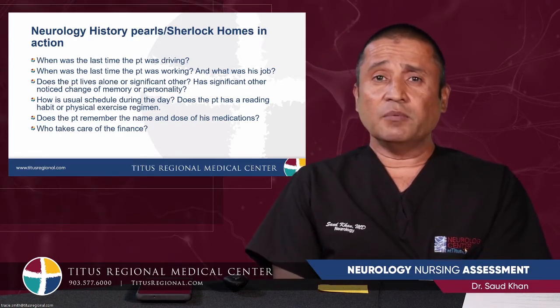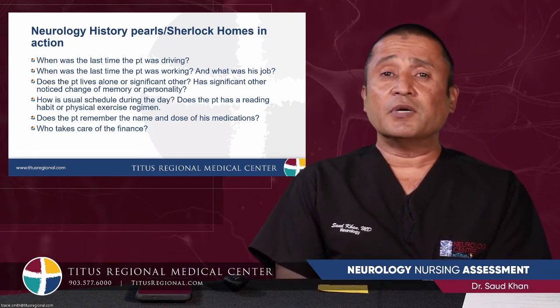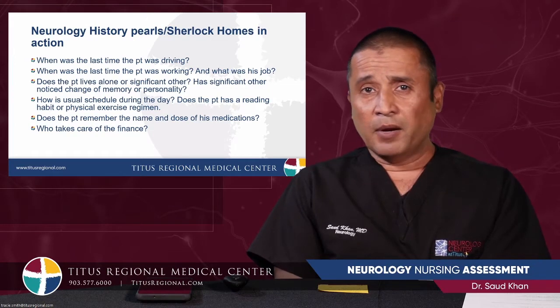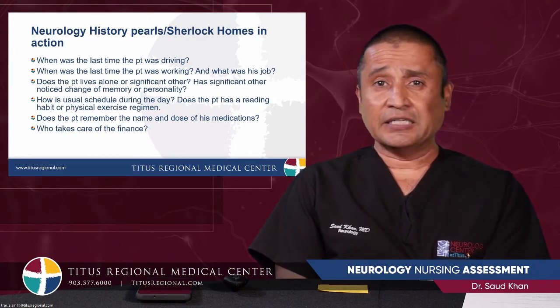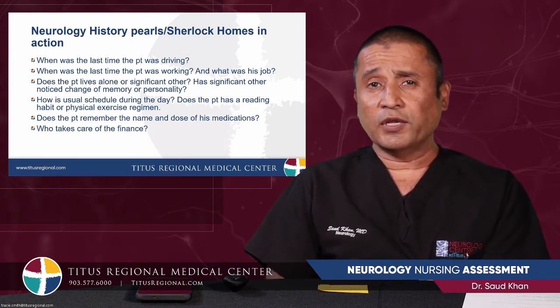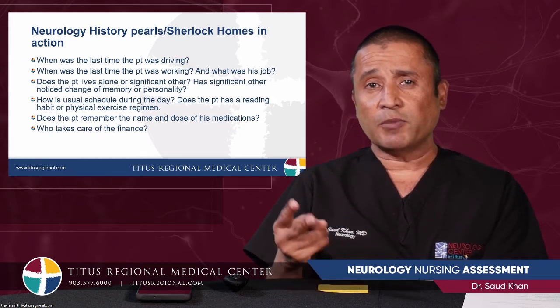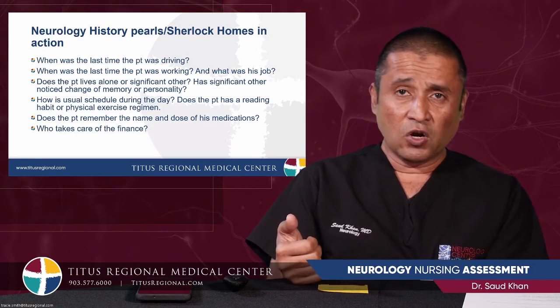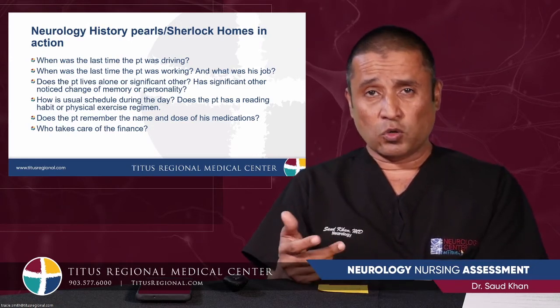In the same context, if a patient is having stroke-like symptoms, just remember, stroke usually occurs suddenly. In the hospital setting, we are usually talking about two major diagnoses: either the patient will have a seizure or the patient will have a stroke.